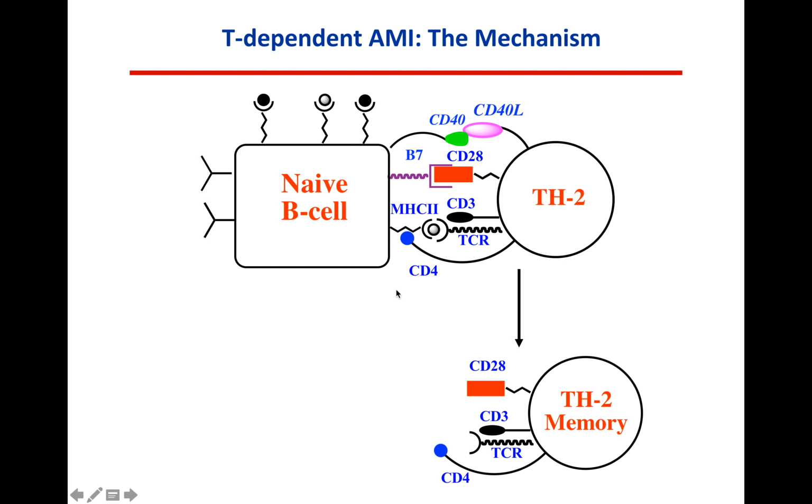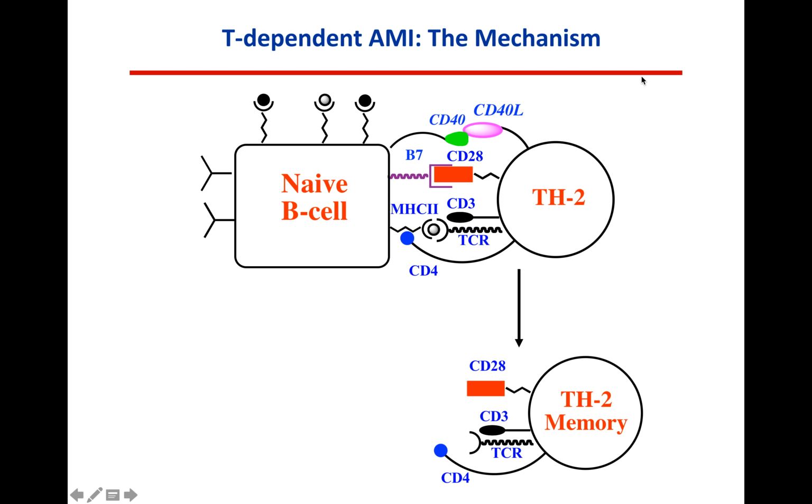Now we've seen this before. The naive B cell, now producing an MHC2 peptide on its surface, can interact with the T cell receptor in the same kind of process. The T cell receptor interaction is going to be mainly through this MHC2, with the TH2 cells that were generated before with the dendritic cells and the macrophage.